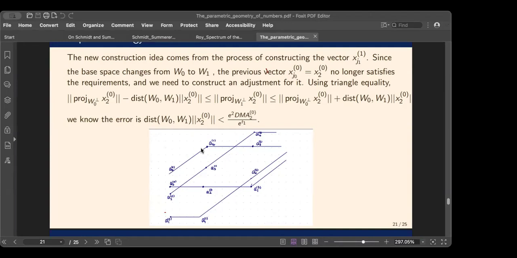It can be bounded by this constant, but we don't want this error in each step, so we need to adjust the xji vector.